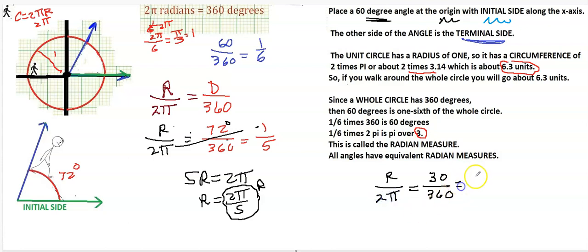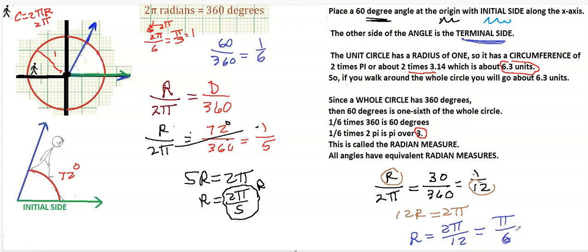Now, I can reduce this to 1/12, and then I can cross multiply: r times 12 and 1 times 2 pi. So r would equal 2 pi divided by 12, which reduces to pi over 6, and that is the radian measure of a 30-degree angle.